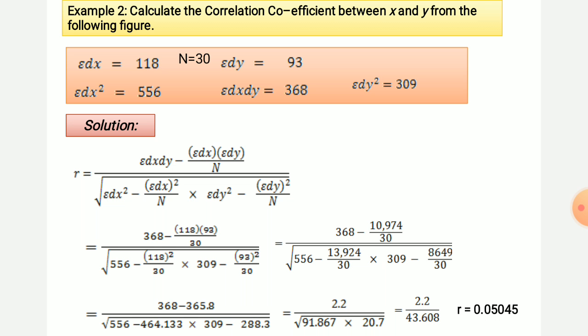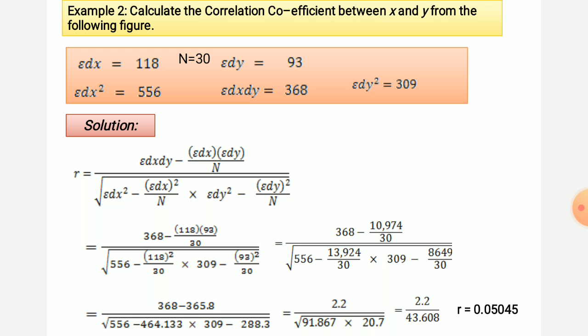r is equal to sigma dx dy minus sigma dx into sigma dy by n, divided by root of sigma dx square minus sigma dx whole square by n, into sigma dy square minus sigma dy whole square by n.